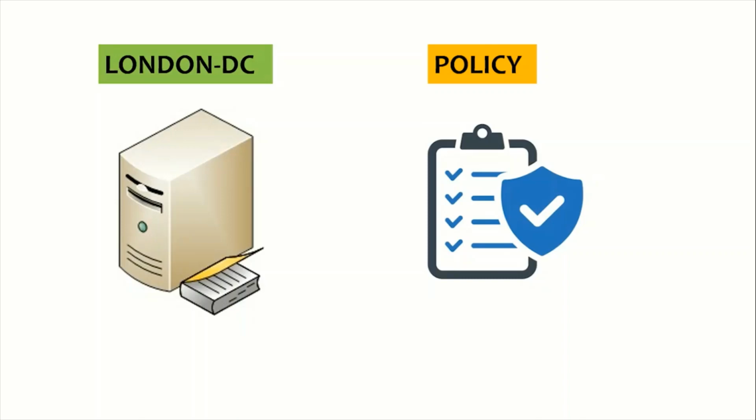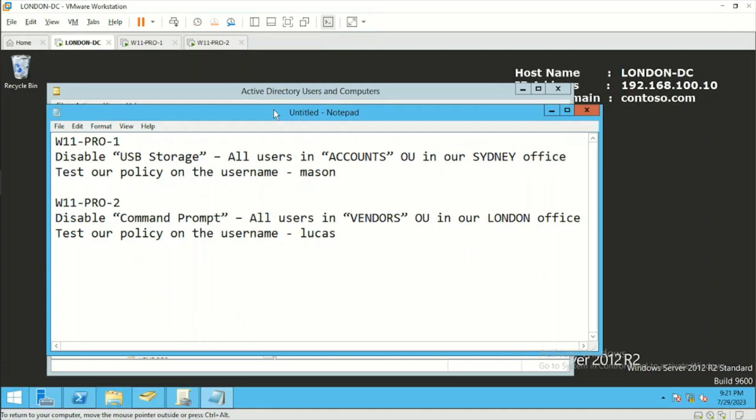So let us log on to London DC and configure these policies. Welcome to the labs, and today we are going to configure two policies. One would be disabling USB storage, and the second would be disabling the command prompt.